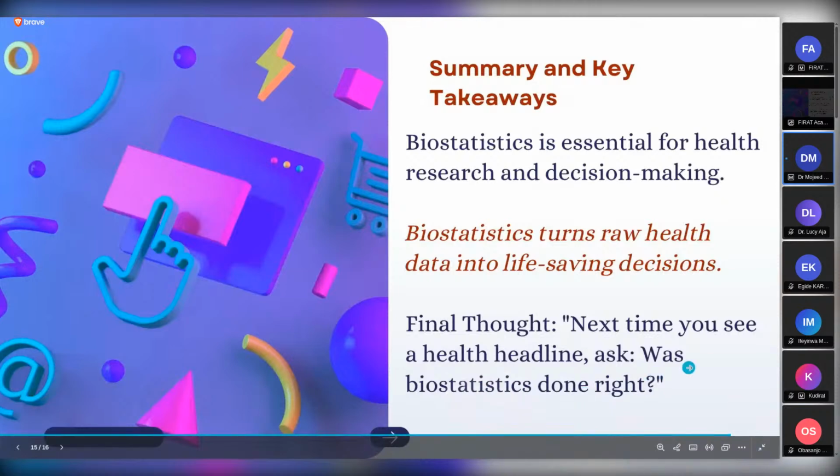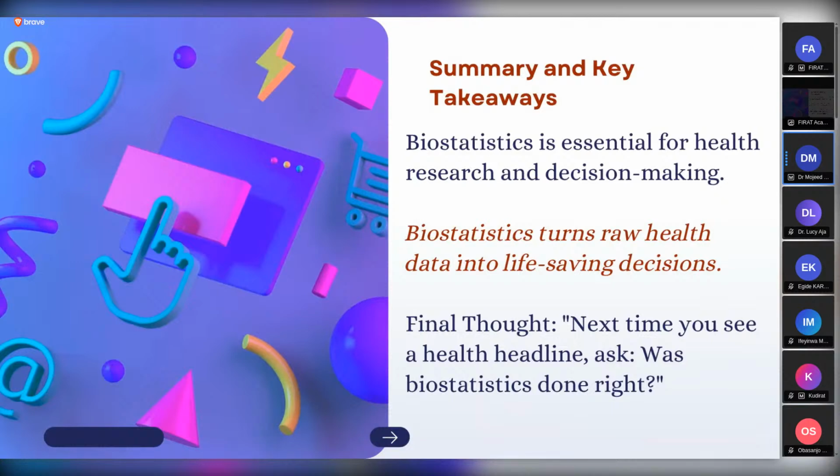And I must also say this: some people are data analysts, they know how to analyze data, but they don't have the knowledge of a biostatistician. They can press the keyboard and make use of statistical application packages like Stata, R, SPSS, and the rest of them. But if you ask them, what is the rationale behind this kind of analysis?